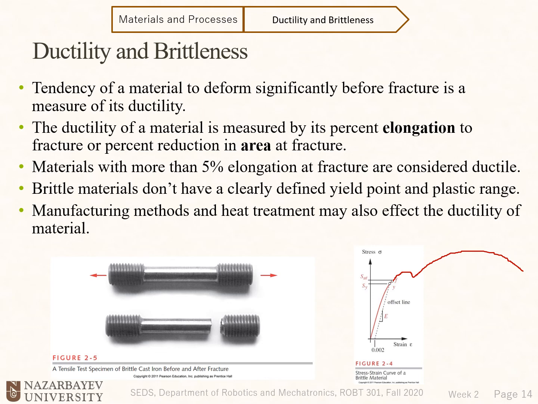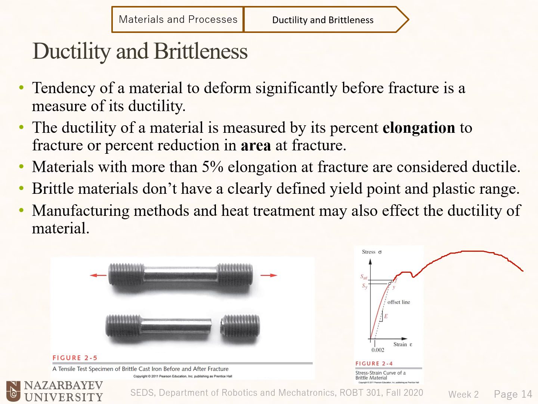Okay, so when we have more than 5% elongation, so this one is 0.2%, so 5% will be almost this. Yes, almost this. Then basically we could consider the material as ductile.